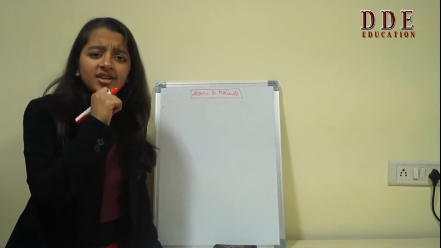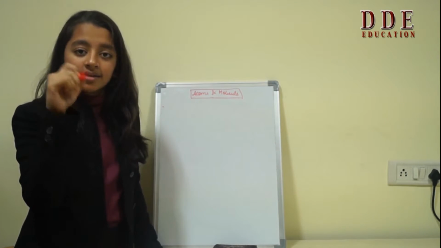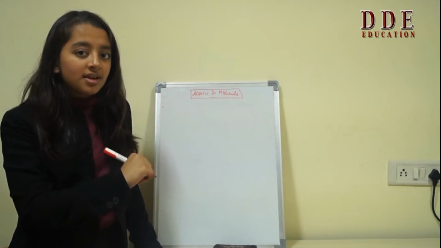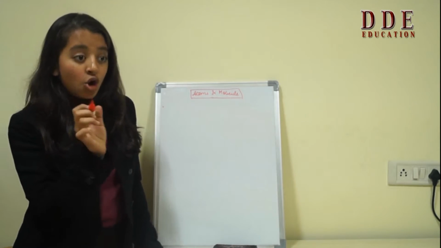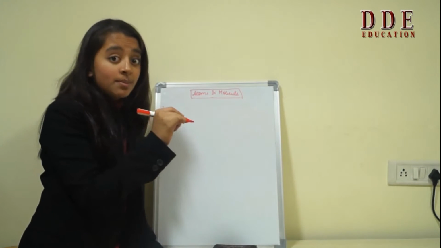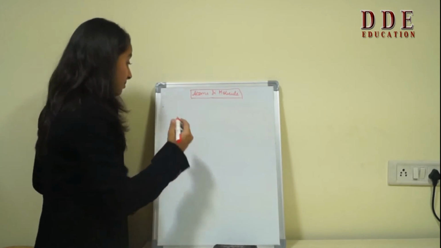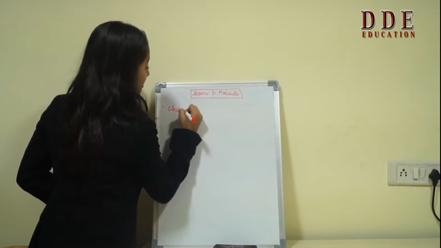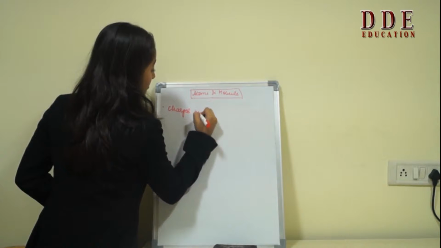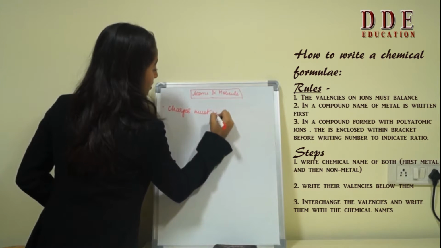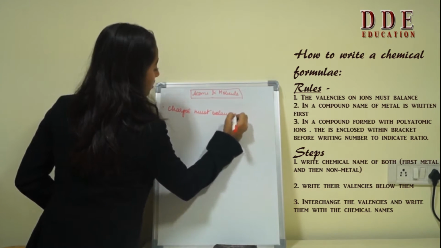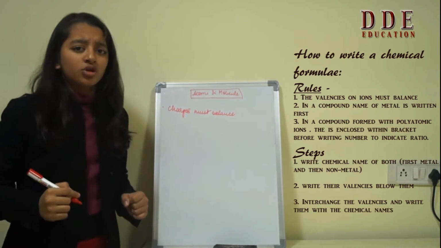You might have read in integers that plus and minus cancel. It shouldn't be minus and minus or plus and plus. One should be plus and one should be minus. That means the charges must balance, and valencies must also balance.